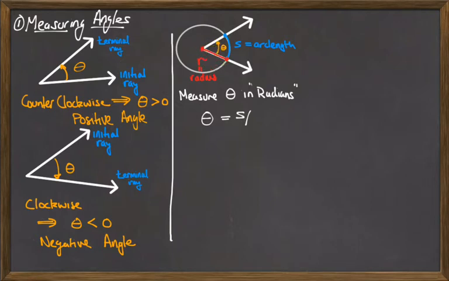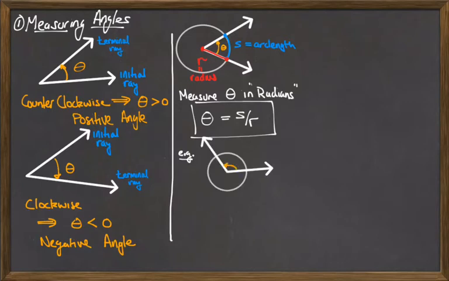However, we should do a little bit more here, and in fact we're going to divide by the radius R, because you and I may have used circles of different size, and if we're going to get the same answer, we somehow have to take that into account. So the right thing to do here is to divide by the radius. So theta is S over R, and that gives you a number, and that represents the measurement of theta in radians.